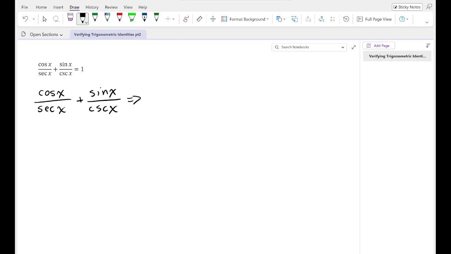I can't really do much as it is, but I know I have secant and cosecant, so let's change them to sines and cosines. So cosine x over 1 over cosine x, because secant is just 1 over cosine, plus sine x over 1 over sine x.